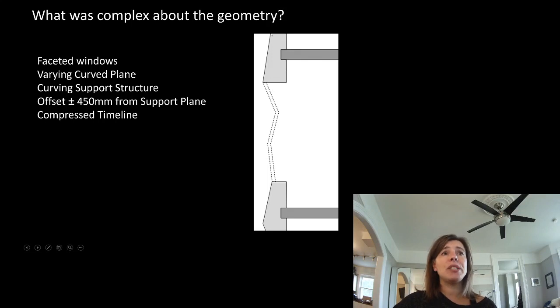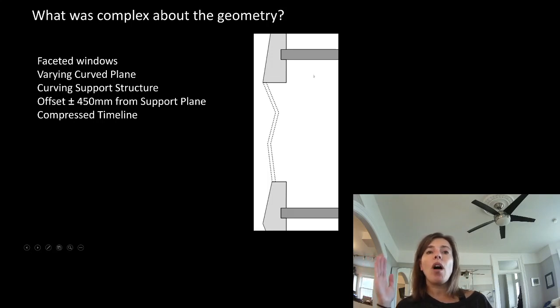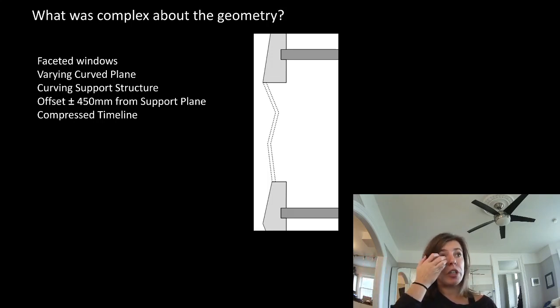So we had to support this faceted surface off of our concrete structure. So here's our concrete structure back here. So varying curved planes of the surface element, faceted windows that were offset from our structure.